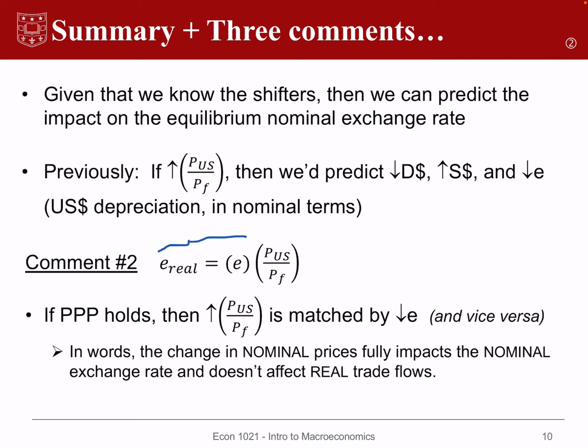And what we saw in our big table from before is that if we see higher prices in the US relative to those abroad, we would predict that the demand for dollars would go down, the supply of dollars would go up, and the dollar would depreciate. So the dollar is going to depreciate in response to the fact that goods and services in the US are more expensive relative to those abroad.